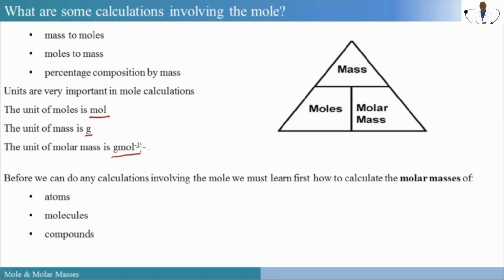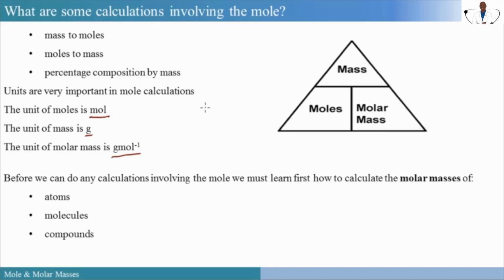So if you're doing any calculation and you get kilograms, then it would be wise to convert kilograms to grams. Here is a formula that we will use to work out mass to moles and moles to mass. We will then use a different formula in calculating percentage composition by mass.